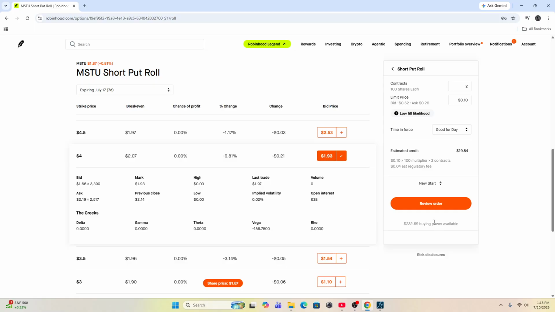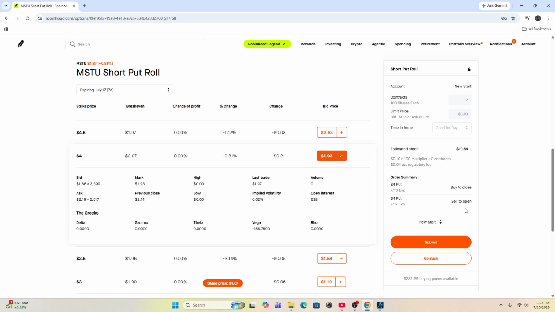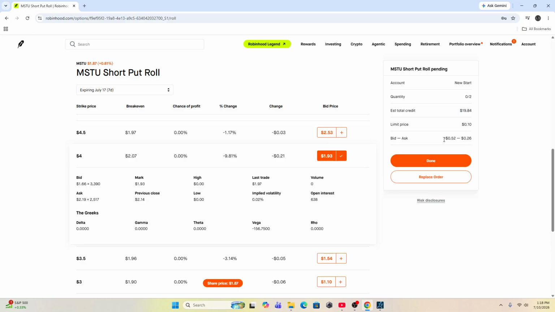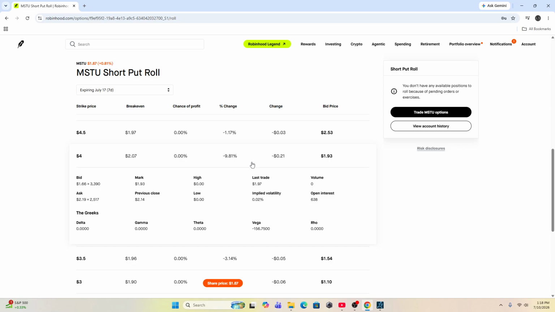We want to be credited for this, so we're not paying money. We are receiving money. Then let me check on the phone here, because it was easier to see if it went through. It didn't show up right away, so that hasn't gone yet.